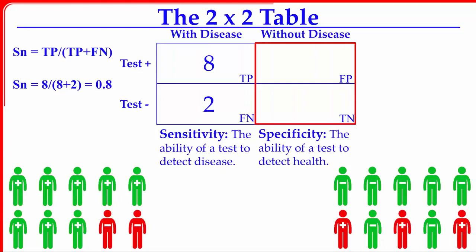Now let's look at specificity. In our example, we had 7 people who were truly negative, and we had 3 people with false positives. The formula here is to divide the true negatives by the true negatives plus the false positives. And that turns out in this case to be 0.7 or 70%.